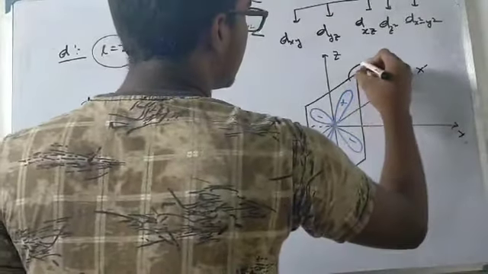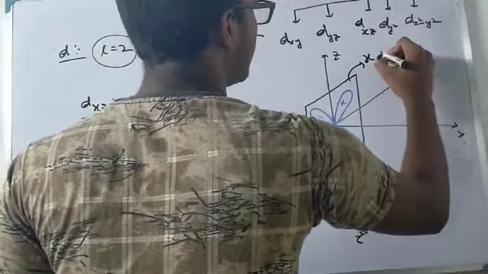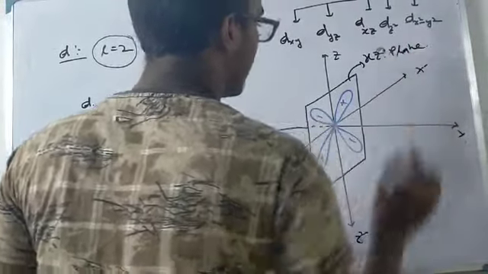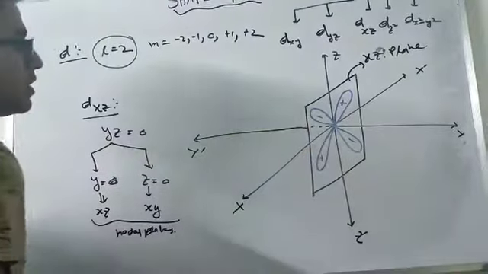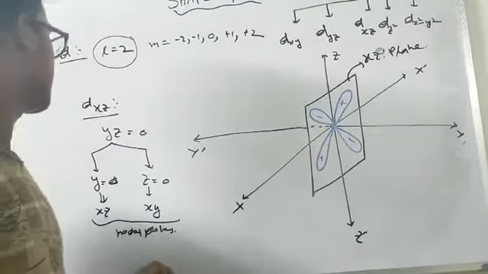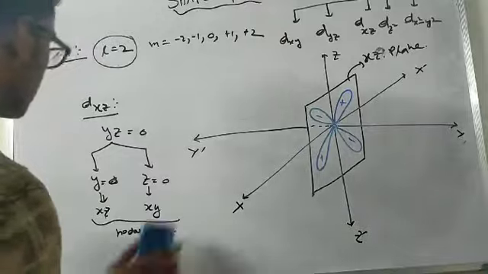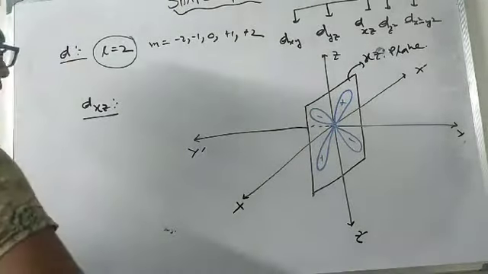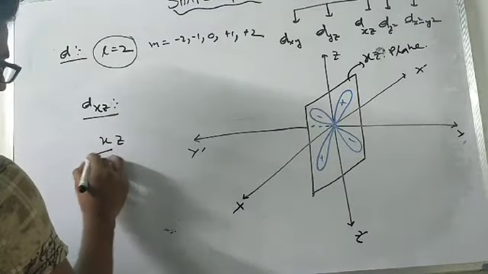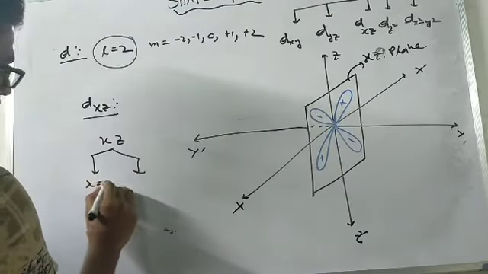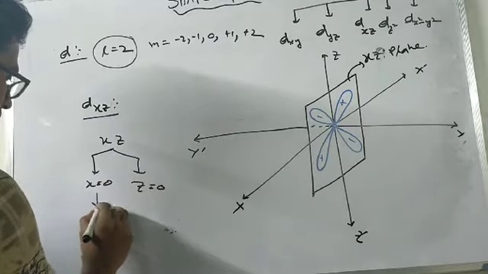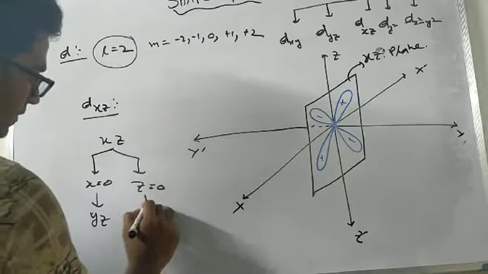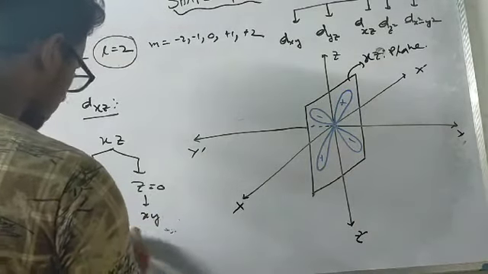This orbital is present on the xz plane, so this plane is the xz plane. On this plane we find these four lobes. So this should not be my nodal plane. The nodal planes can happen in two ways, x equals to 0 and z equals to 0. So this is yz and this is xy. So these are the nodal planes.